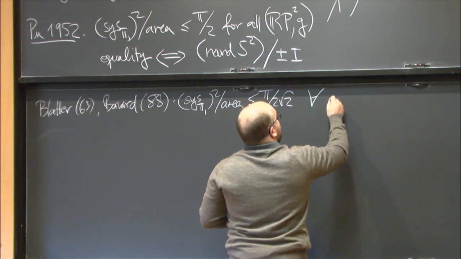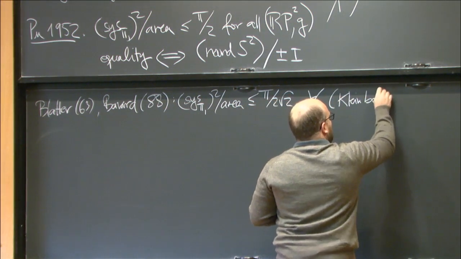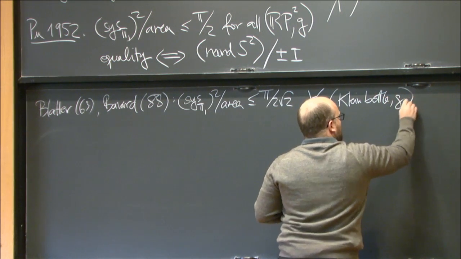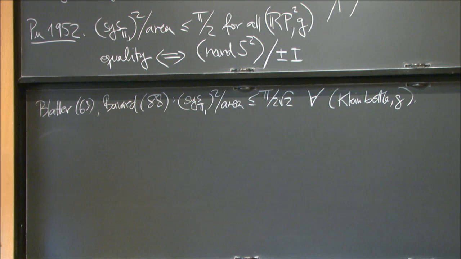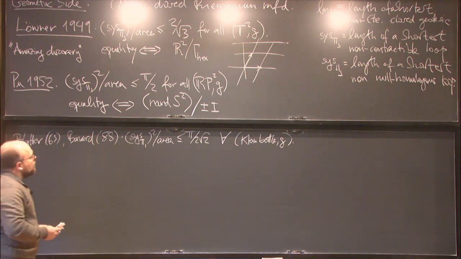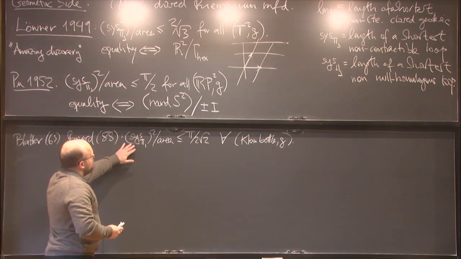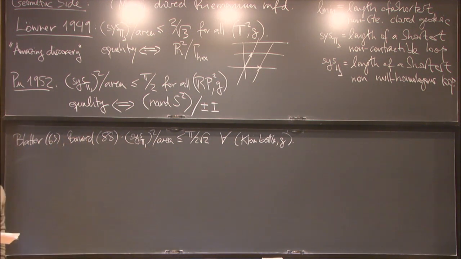Apparently the maximizer is either not known to be smooth or, let's say, one has examples of metrics approximating this maximum, but they converge to some singular metric.